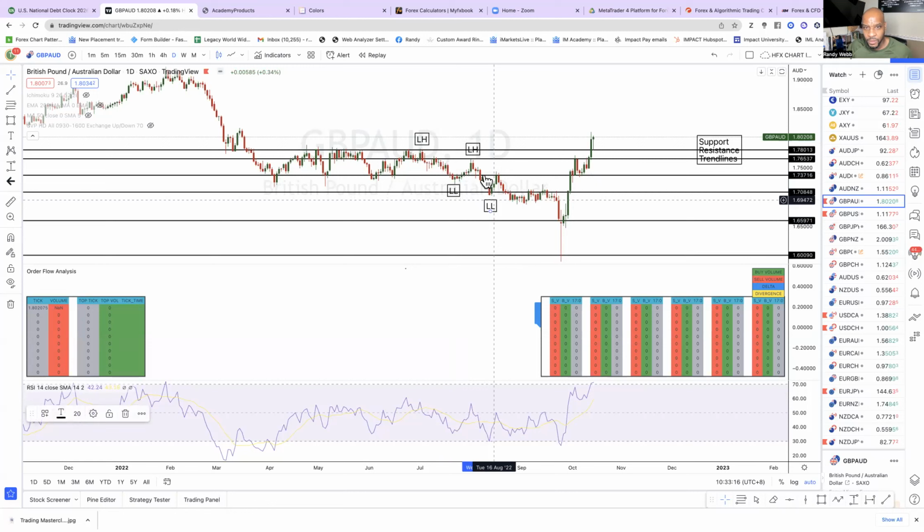Right. Another lower high. And once you identify this, you can identify opportunities in the market. Once you know where your lower lows are and your lower highs, it's simple to identify where your next trade will come from. Okay. And then here's our last lower low.